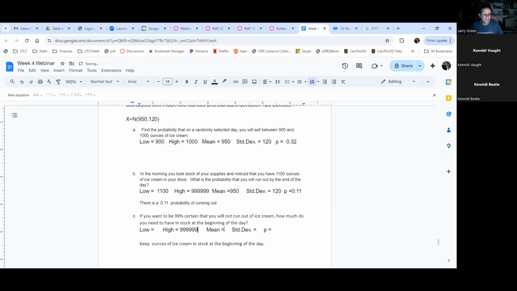The mean is the same, 950. The standard deviation was 120. If you want to be 99% sure you will not run out, what should P be? The way I've done it, there's 2 ways of doing this. I'm doing it this way.